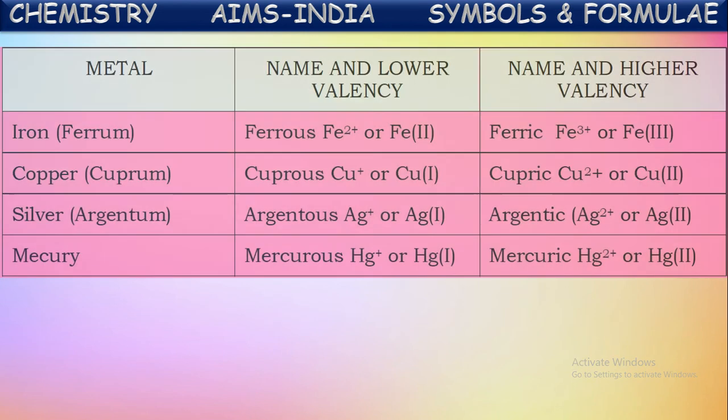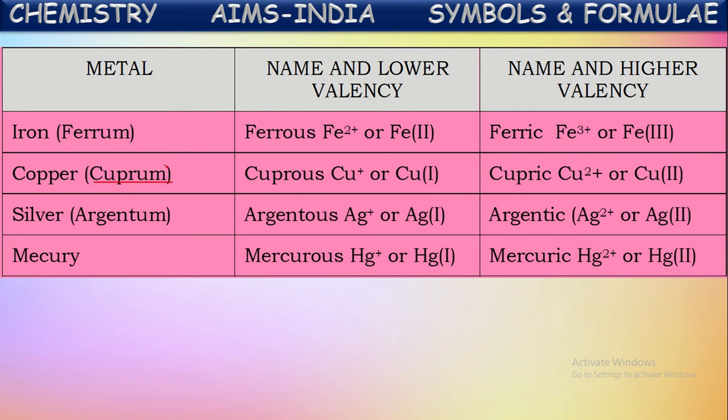Let us see different elements other than iron which are exhibiting variable valencies. Iron we have seen just now: Fe plus 2 ferrous ion, Fe plus 3 ferric ion. In the same way, copper also can show two different valencies, Cu plus and Cu plus 2. Here, Cu plus ion is called cuprous ion because the name of copper in Latin is cuprum.